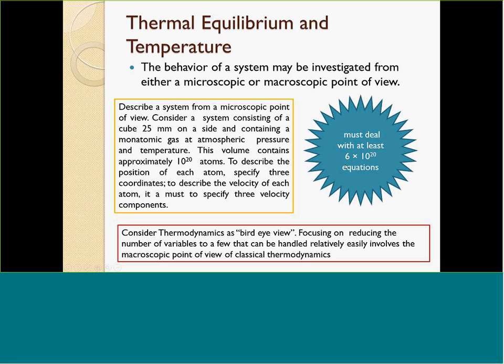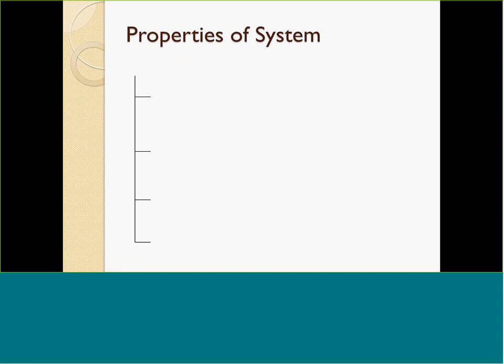So thermodynamics is considered a bird's-eye view. We focus on reducing the number of variables to a few that can be handled relatively easily, rather than the microscopic point of view.